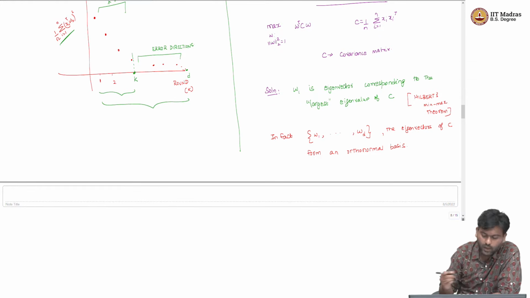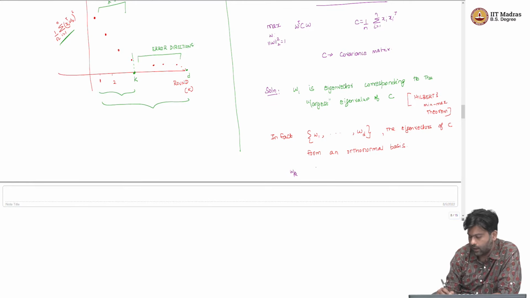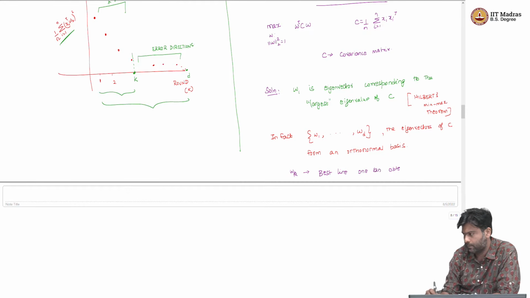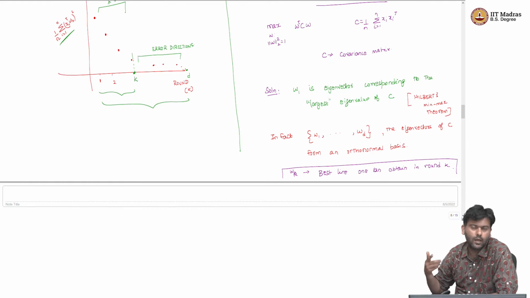Now this Wk, the kth eigenvector, or the eigenvector corresponding to the kth largest eigenvalue, is exactly the best line one obtains in round k. So in the previous procedure, where we go one step at a time to get these w's, in the kth round you will get wk, and that wk is exactly the same as the wk that you would get if you did this.